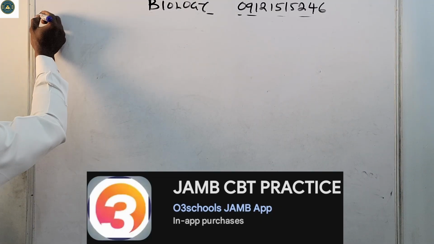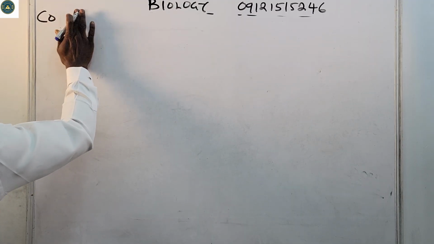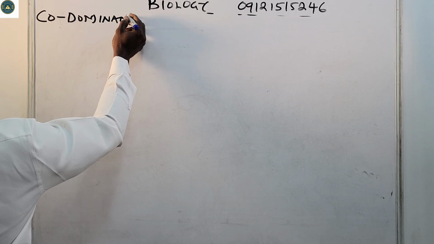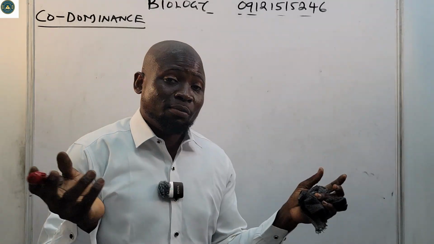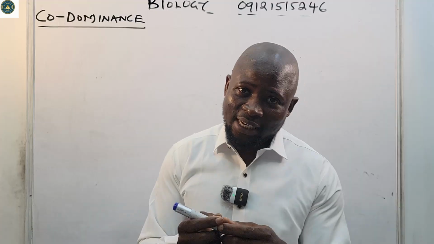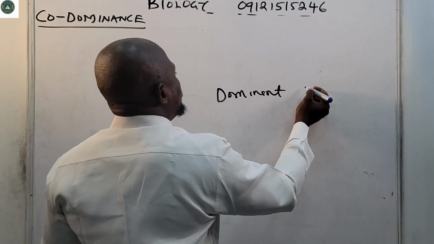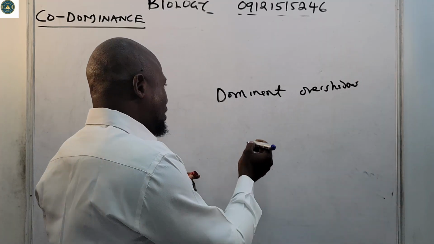Okay, let us look at codominance. According to Mendelian genetics, we already saw that the dominant trait will always overshadow the recessive trait.